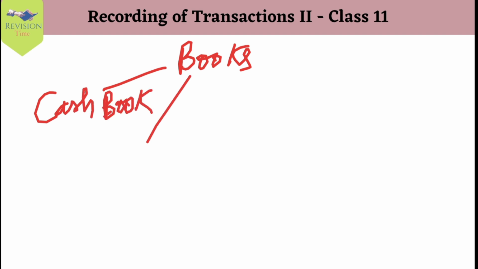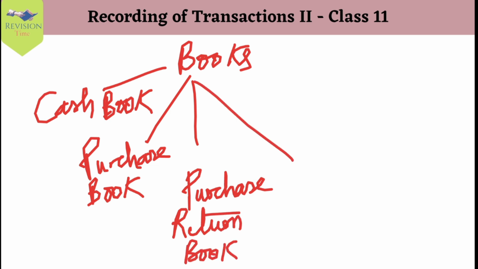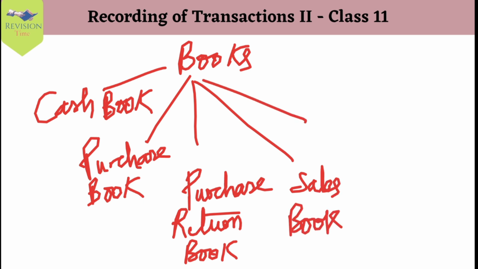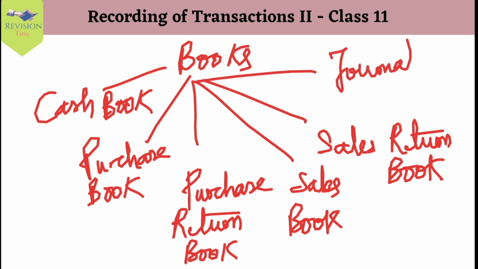Different kinds of subsidiary books are: first, cash book; second, purchase book; third, purchase written book; sales book; sales written book; and lastly, journal proper book.